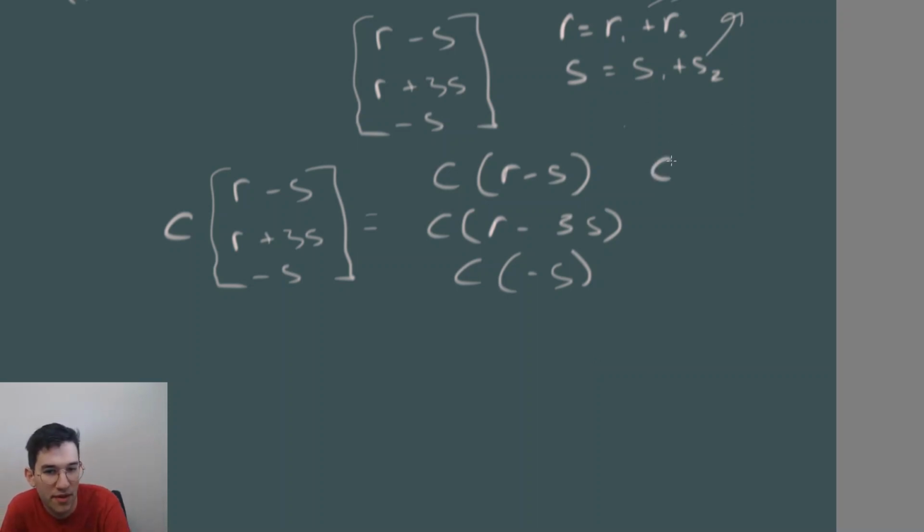So CR minus CS, this is another equivalent. CR minus 3CS, minus CS.